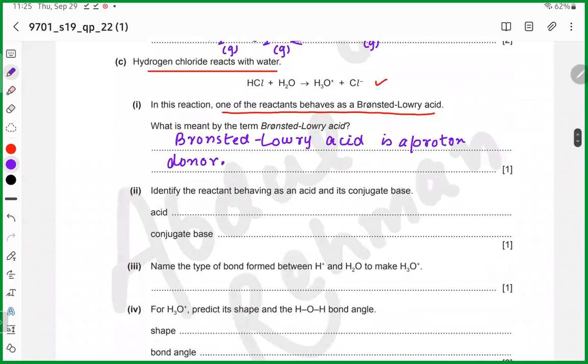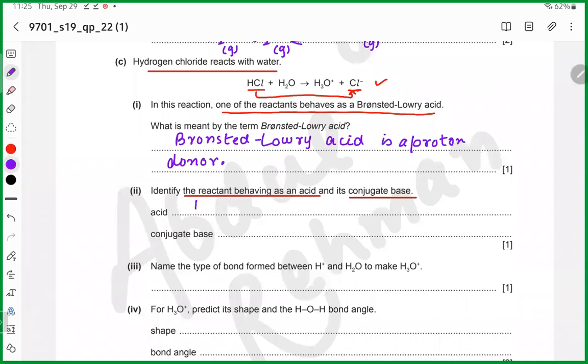Identify the reactant behaving as an acid and its conjugate base. If we look at both of the reactants, this one is behaving as an acid because it is forming a chloride ion, which means it is losing the hydrogen, donating the hydrogen.